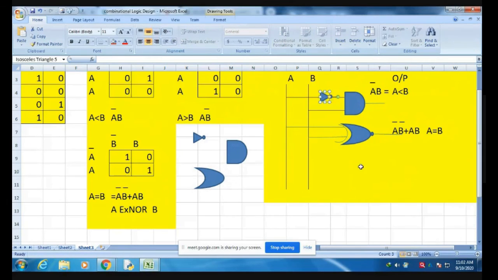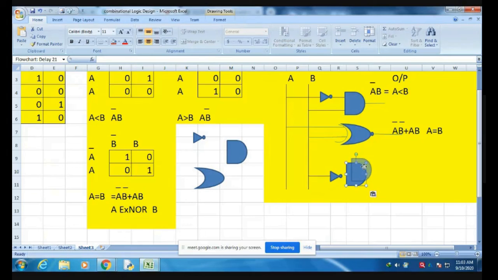So I am going to define a NOT gate for B. In between there is an AND gate.